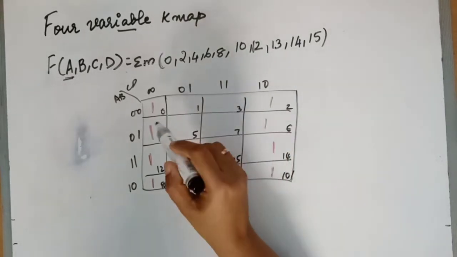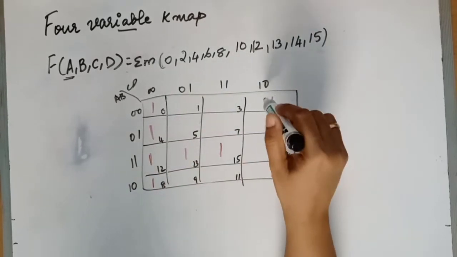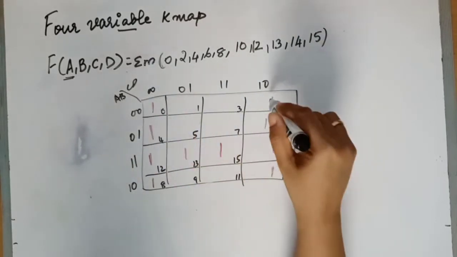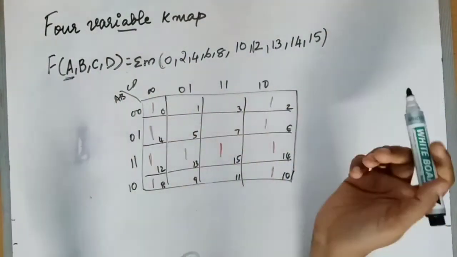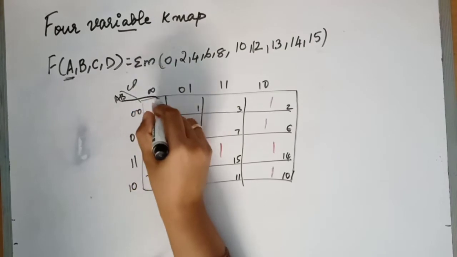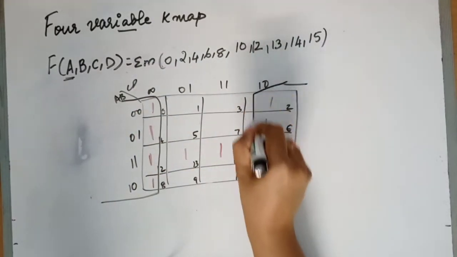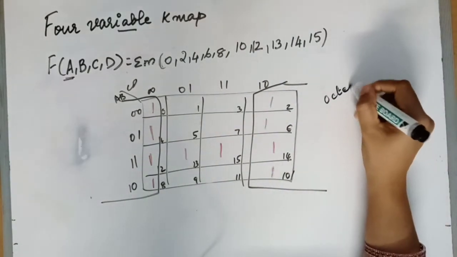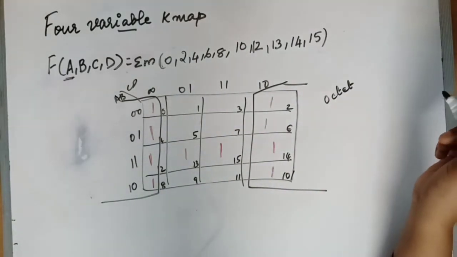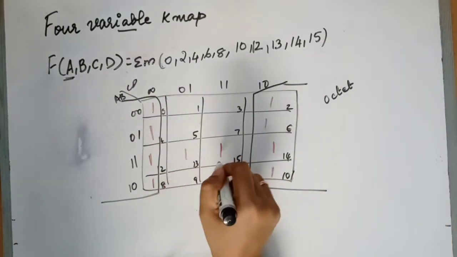So here, if you see, the corners, these two sides, full it is 1. So you can fold it like this. You can fold it like this, right? You can fold it as an octet. 8 ones, octet. Okay, and these two ones, how can you group it?